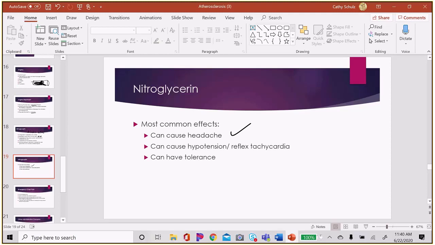I'm going to have hypotension, and it could lead to reflex tachycardia, which is another reason why when someone has unstable angina or heart attack, it's a really good idea to give them metoprolol, because metoprolol stops that effect of reflex tachycardia. Reflex tachycardia is the body's compensation for a decrease in blood pressure.